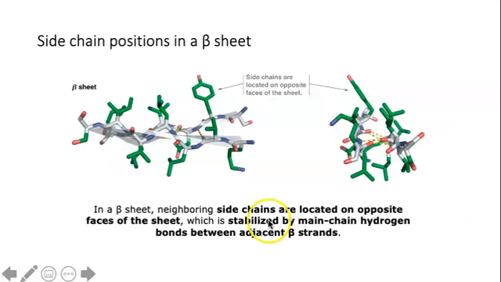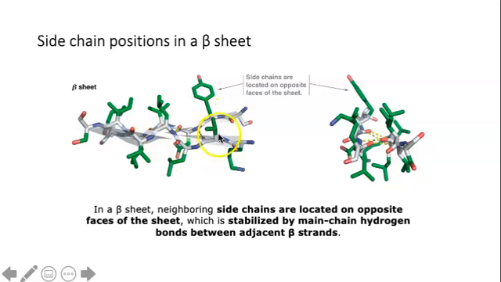So if we look closer at a beta sheet, this does a really nice job of showing how those side chains are positioned. When you have a beta sheet, they rotate, so every other amino acid faces the opposite direction. There's a really good reason for this. If we had these amino acids switched so that the side chains were all facing one direction, you would run into a lot of problems in terms of steric clash.